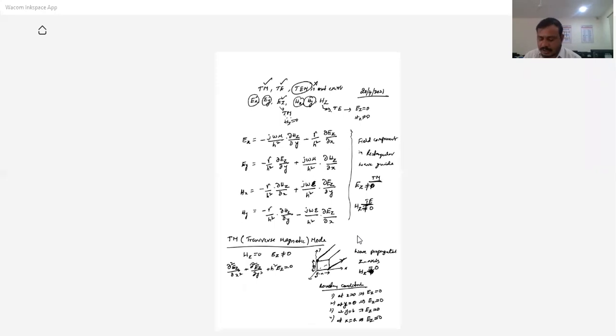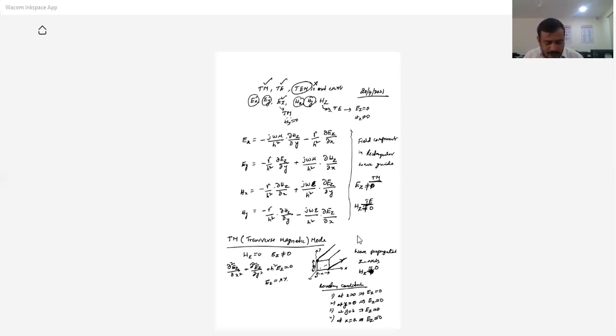From this wave equation, by taking Ez is equal to X into Y, where X is only a function of small x and Y is only a function of small y, and using the 4 boundary conditions, we get the equation for our Ez component.